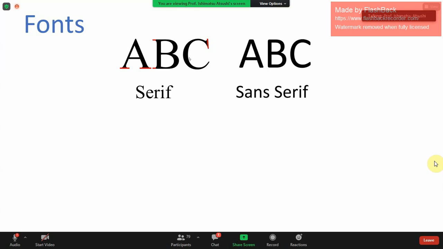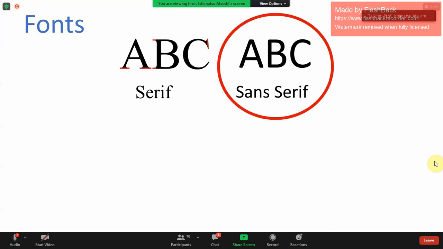Actually, many papers and books recommend sans serif for your presentation because it is easier to read from a distance, and I usually use sans serif font, this type. This is one thing to consider when you select a font for your slide.